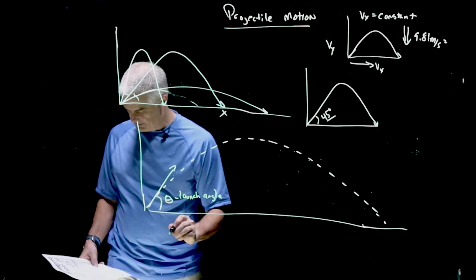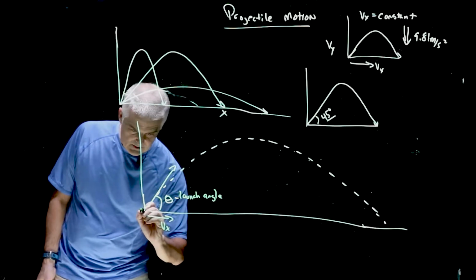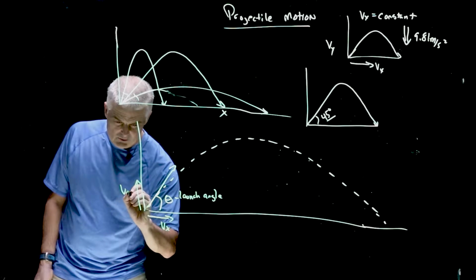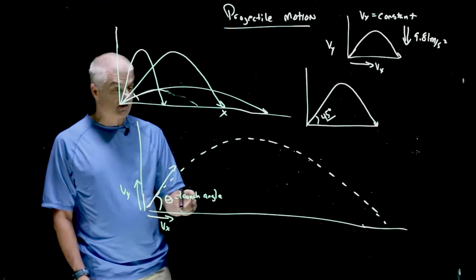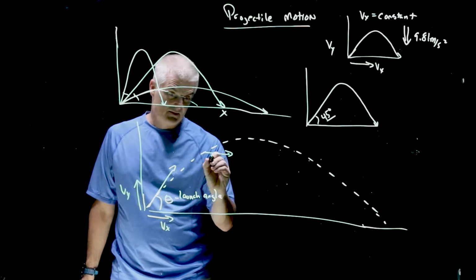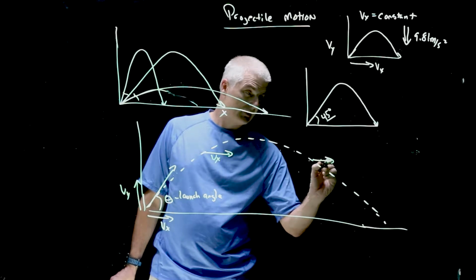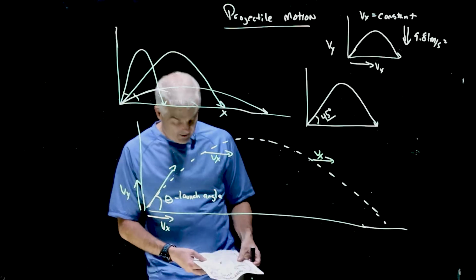And we've got, in this direction, the Vx, and in this direction, the Vy. We're going to figure that out using sines, cosines, and tangents. As a side note, Vx is the same here, it's going to be the same here, it's going to be the same everywhere.